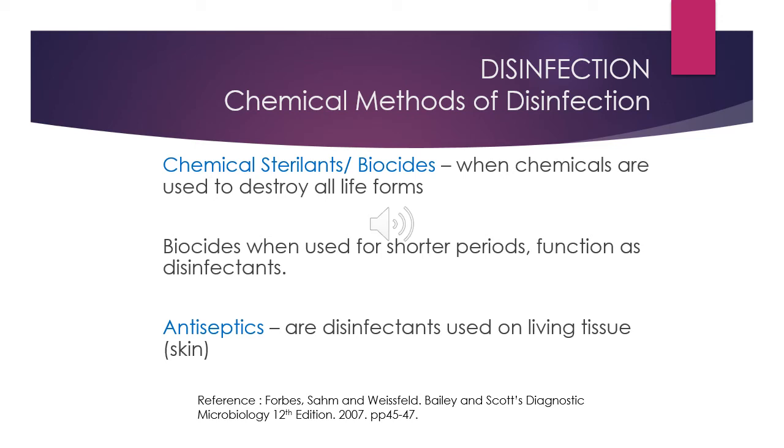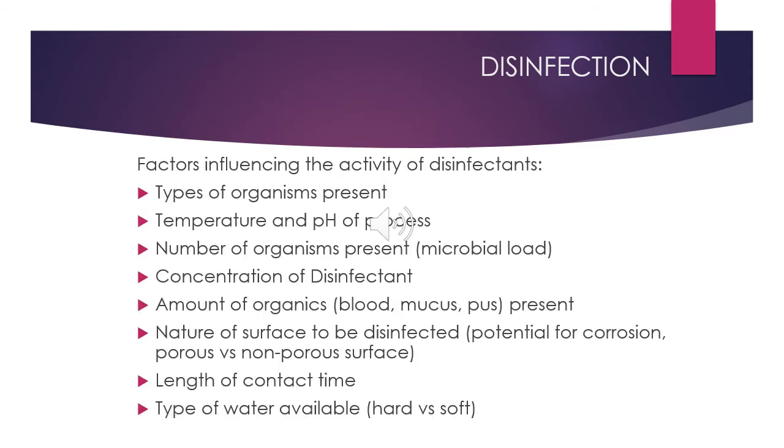However, if you say antiseptics, these are disinfectants that are used on living tissue, or what we usually apply on skin. What are types of antiseptics? So usually you use 70% alcohol and the like. So there are factors that influence the activity of disinfectants.